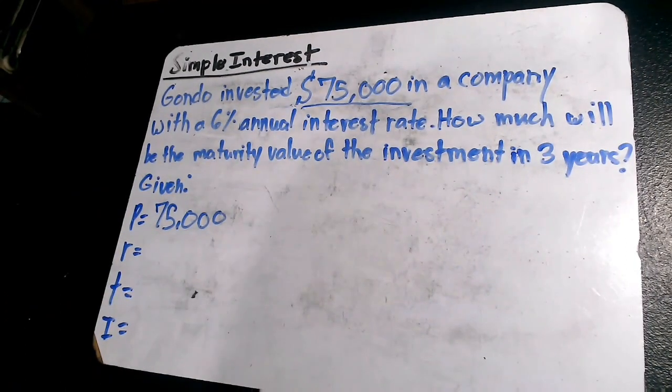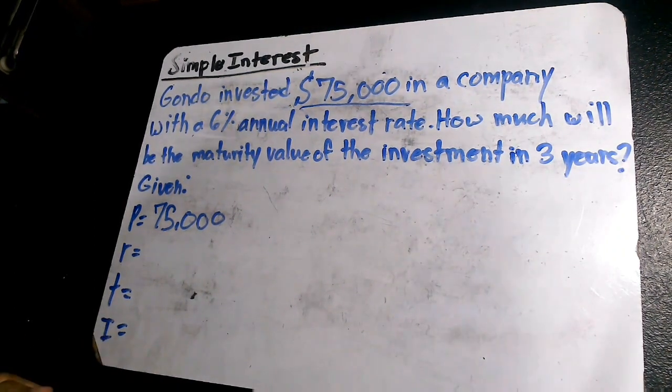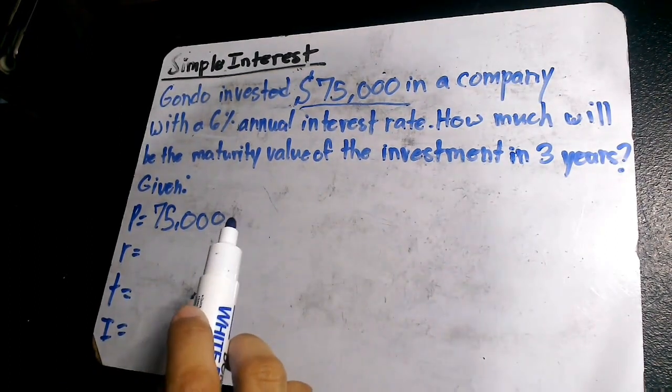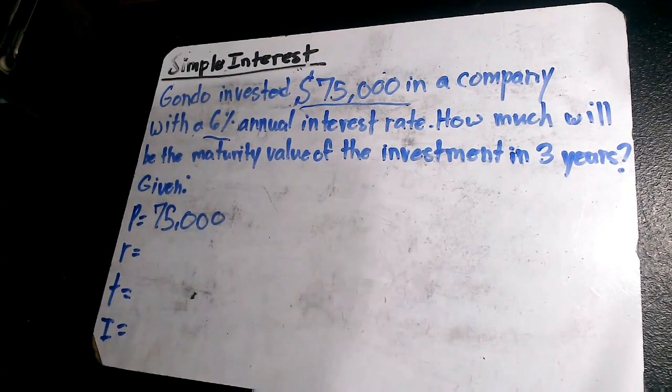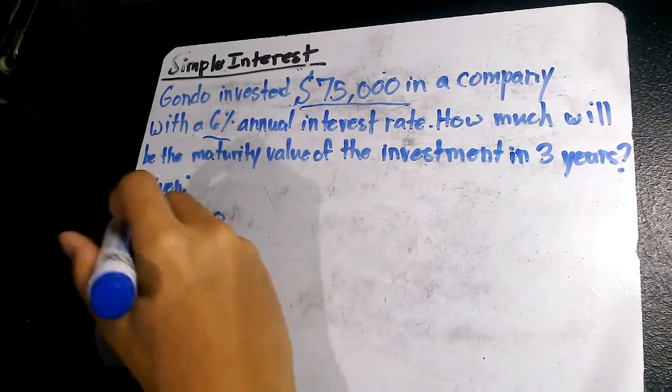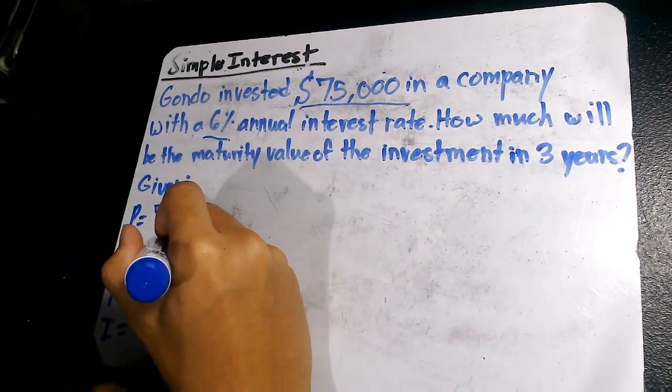After identifying the principal amount, the next one we should identify is rate, or R. Rate is mostly the number with the percentage sign, and the only number in this question with the percentage sign is 6% annual interest rate. So we will put it here, 6%.